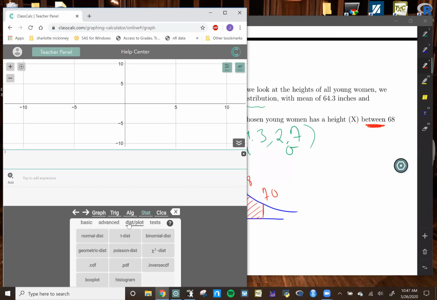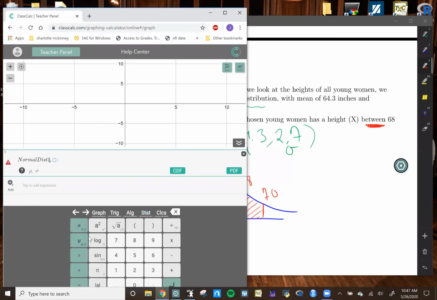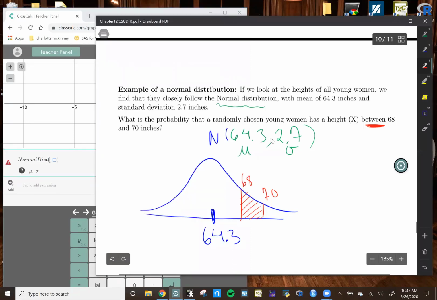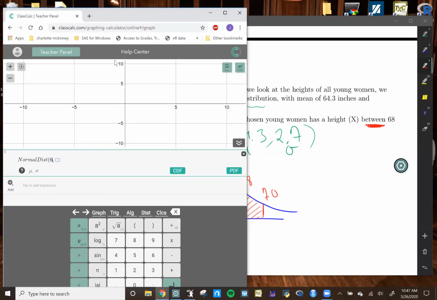Yes. So right here, click where it says Normal Distribution. The first thing it wants is the mean. The mean is 64.3, so I'm going to enter 64.3. Now the second thing it wants is the standard deviation. So you say standard deviation is 2.7.